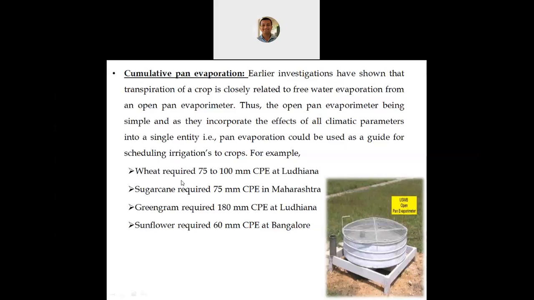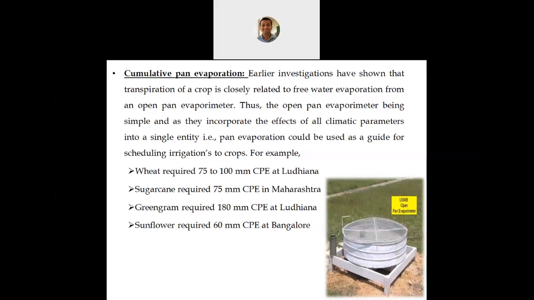So, previous research has shown that wheat requires 75 to 100 millimeter of cumulative pan evaporation under Ludhiana condition. Similarly, sugarcane required 75 millimeter of cumulative pan evaporation in Maharashtra before the next irrigation is applied. Likewise, in Ludhiana conditions, green gram required 180 millimeter of cumulative pan evaporation before irrigation was required.